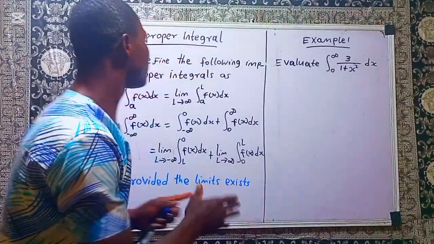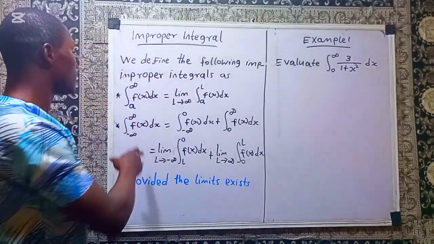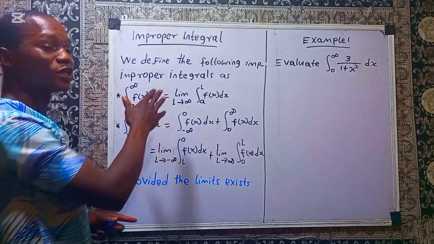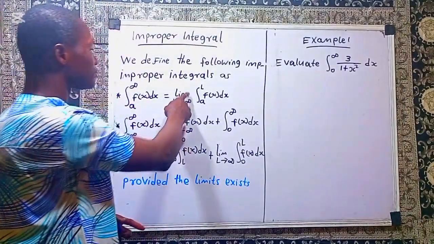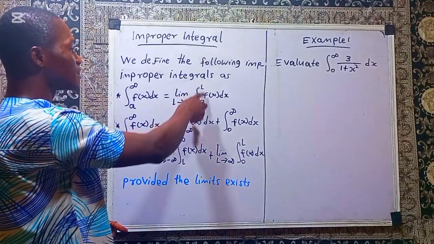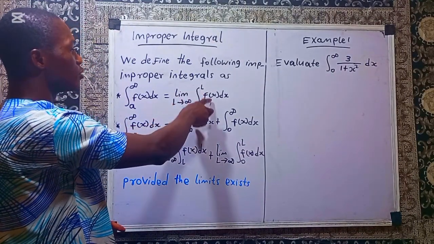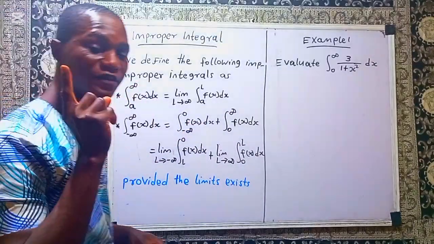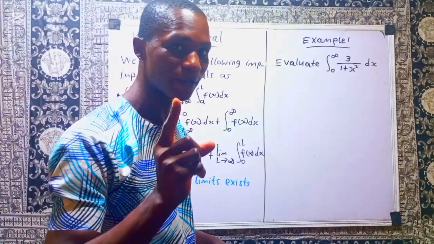Now we define the following improper integrals. Integral from a to infinity of f of x dx is equal to the limit as L goes to infinity of integral from a to L of f of x dx. We are replacing infinity because infinity is not a real number.